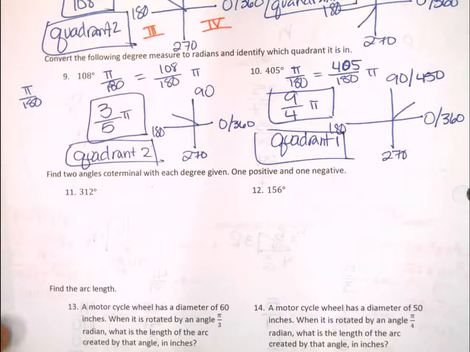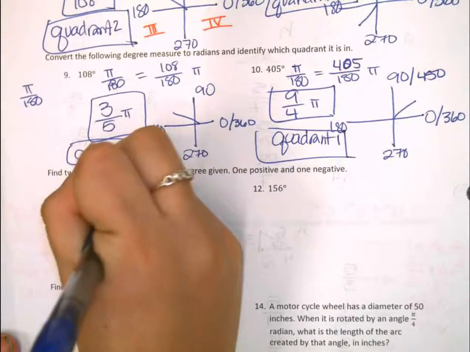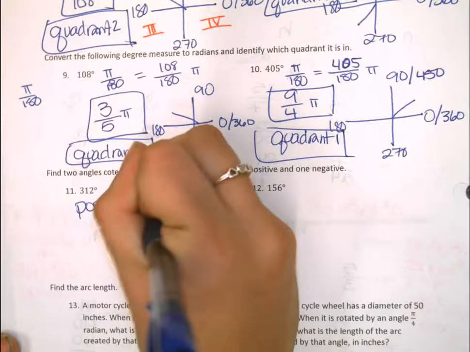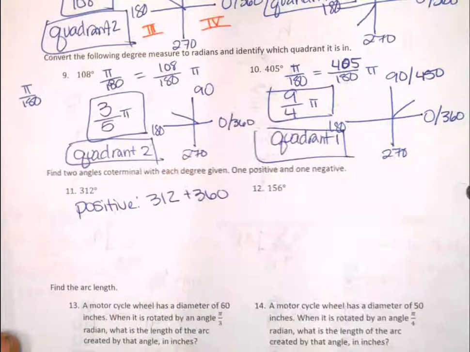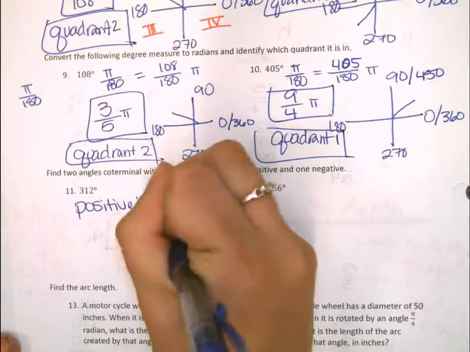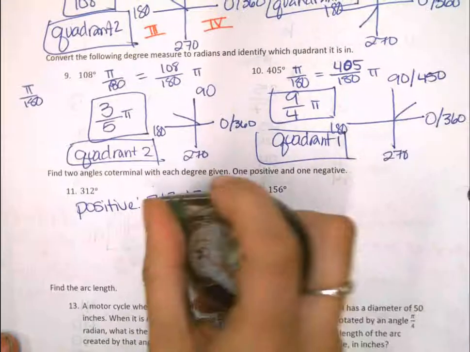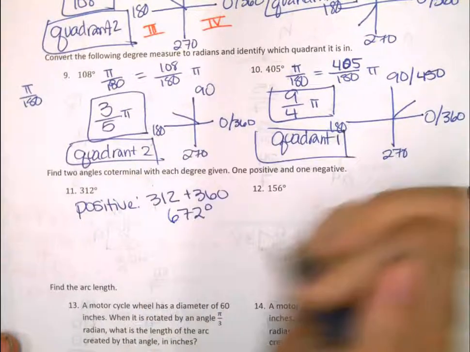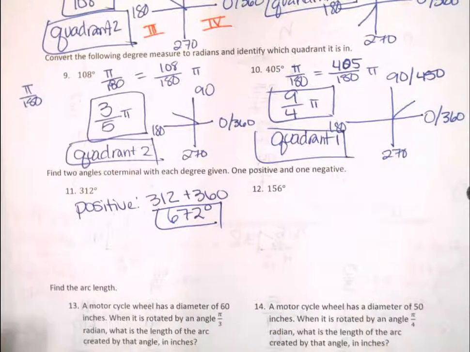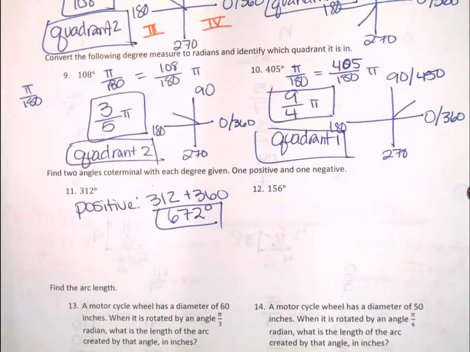Coterminal means it ends in the same spot. To find a positive one, I want to add 360, so I'm going to do 312 plus 360. 312 plus 360 is 772. Just kidding. 3 plus 3 is 6. Okay.